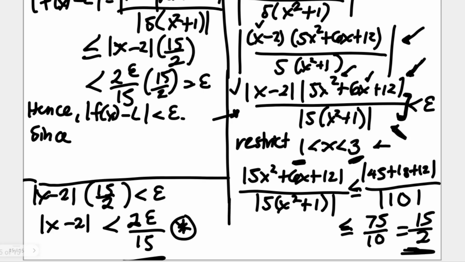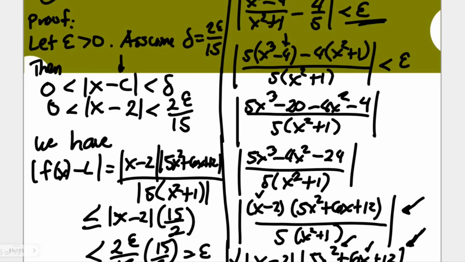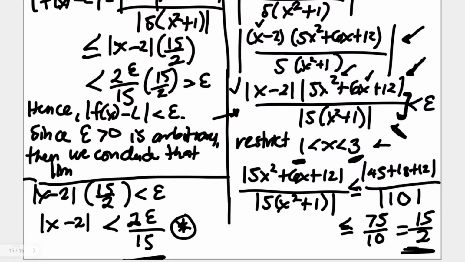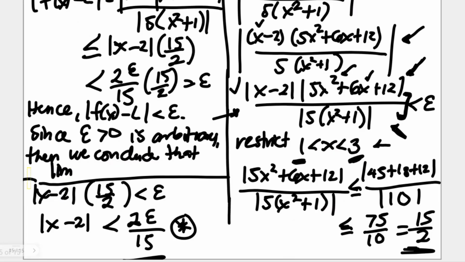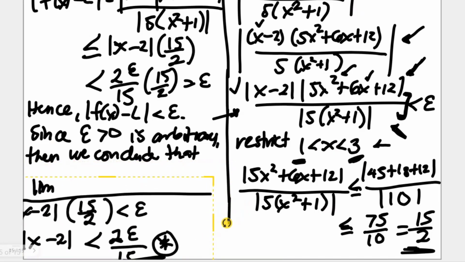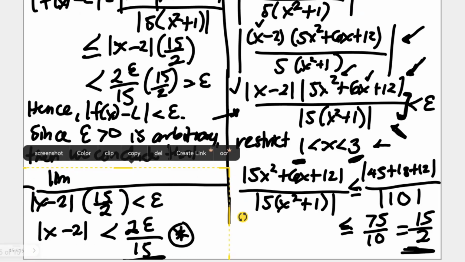Since epsilon greater than 0 is arbitrary, then we conclude that here comes the limit. I don't have much space. Let me again copy this, and probably make it smaller.